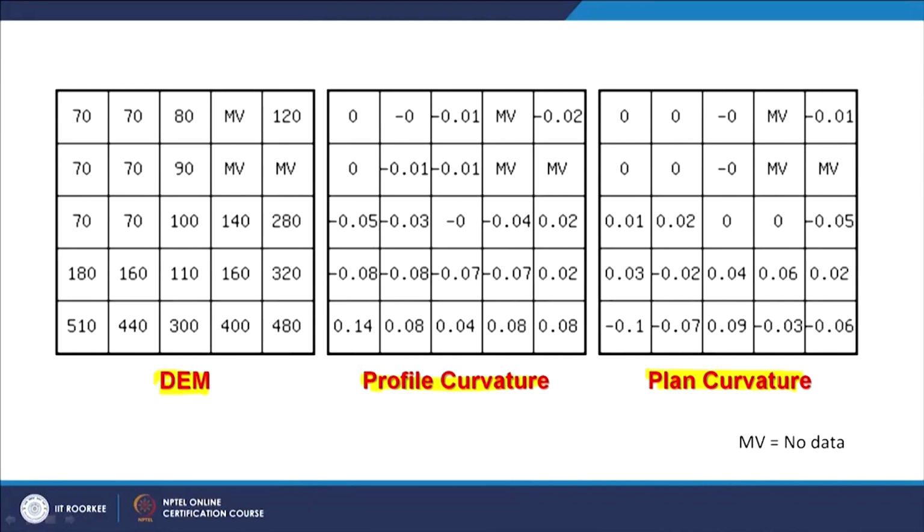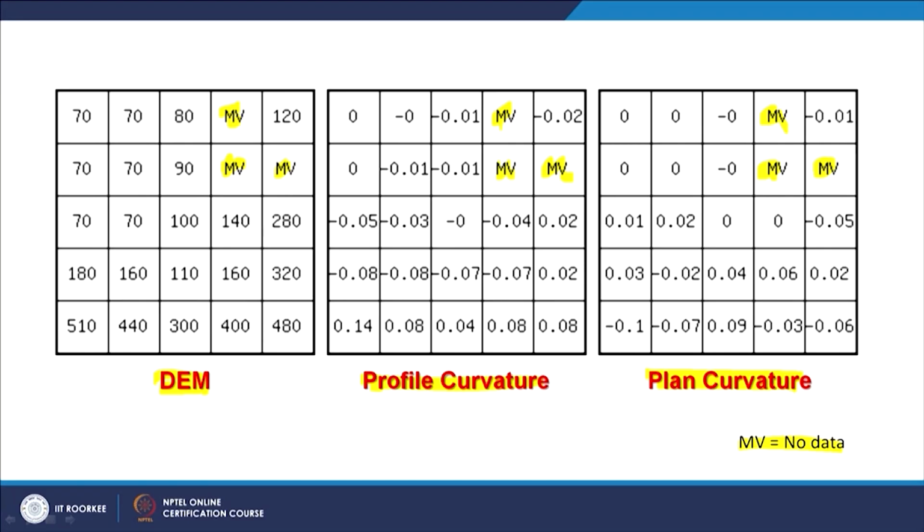MV basically stands for no data here, or value MV is no data. So, wherever in input if you are having no data, in output also, whether it is a plan curvature or profile curvature, you will have no data, otherwise you would have data. So, of course, this is also a neighborhood analysis.